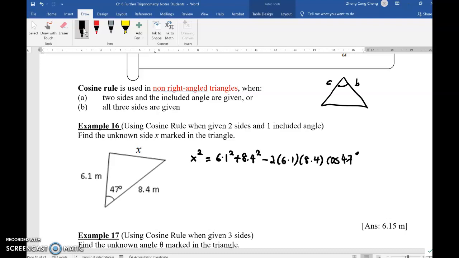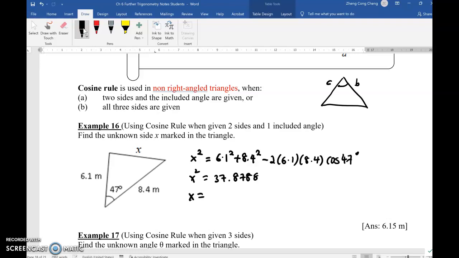Press our calculator properly and we should get x squared is 37.8788.